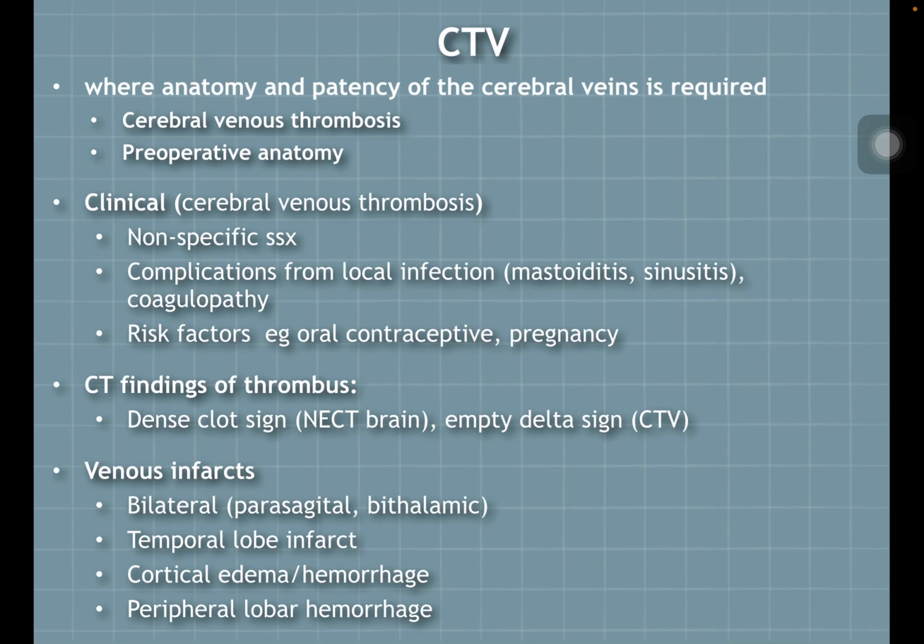A patient with a local infection might have a complication leading to cerebral venous thrombosis, for example in case of mastoiditis, sinusitis, or a coagulopathy condition, or there is a risk factor, for example a patient taking oral contraceptives or a pregnant patient.